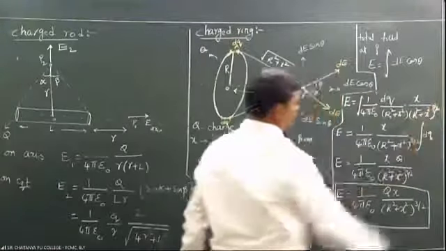There is a question in level 2. They gave the question like this. This is a ring. It is divided into 4 parts.